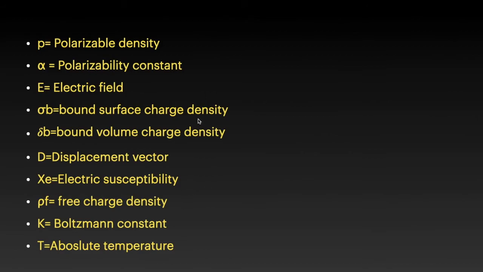In this, P is polarization density. Think that it is the small p. Alpha is polarizability constant, E is electric field, sigma B is bound surface charge density, rho B is bound volume charge density, D is displacement vector, chi E is electric susceptibility, rho F is free charge density, K is Boltzmann constant, and T is absolute temperature.